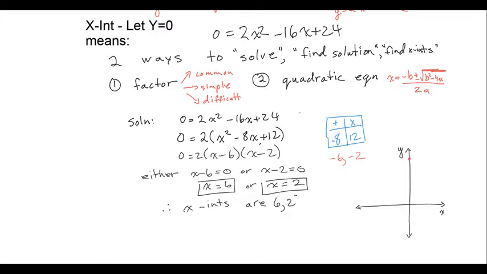I'm going to plot that with this red dot and label it (0, 24). Since it's on the y-axis, its x value is always 0, because originally we set x to be 0 and we found y to be 24. Remember, this is also your c value from the standard form.